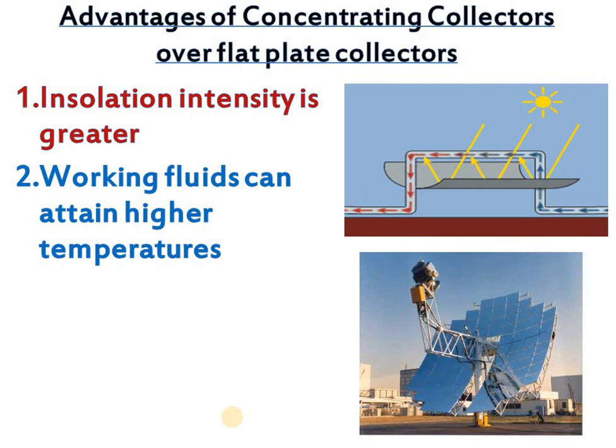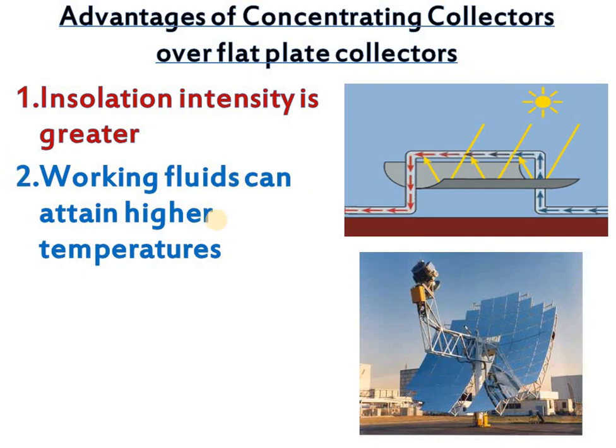Secondly, working fluid can attain higher temperatures. In a flat plate collector also you circulate some liquid, but the temperature attained is hardly 100, 150 degrees. But here temperature can rise as high as 500 degrees Celsius. Understand? So you get much more efficiency.